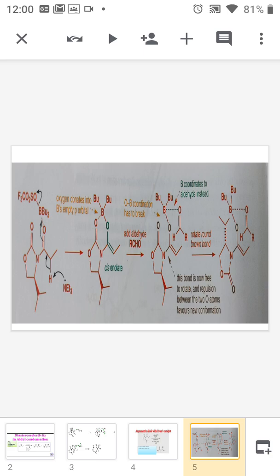So boron will eliminate the bond with the carbonyl of the chiral auxiliary and form a new bond with the aldehyde. See here in the third structure.